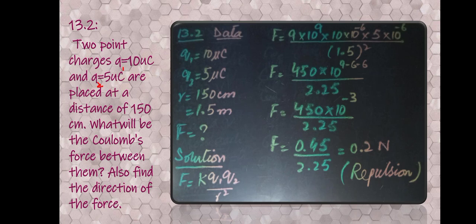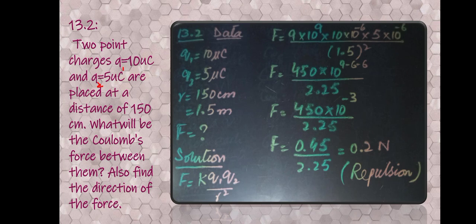Force is required. So first of all you have to write the formula for Coulomb's force, that is F equals K Q1 Q2 divided by R square. You can see in the statement that the value of K is not given, so you have to remember it along with its unit. It's 9 into 10 raised to 9 Newton meter square per coulomb square.